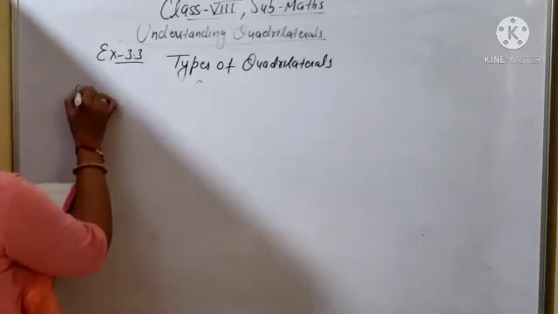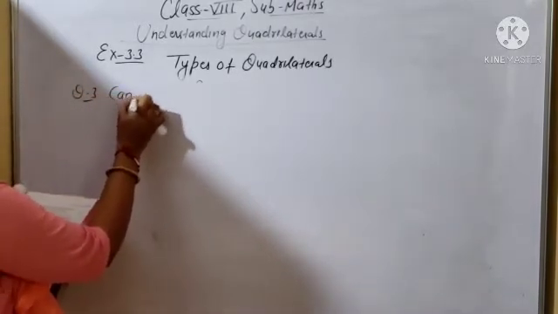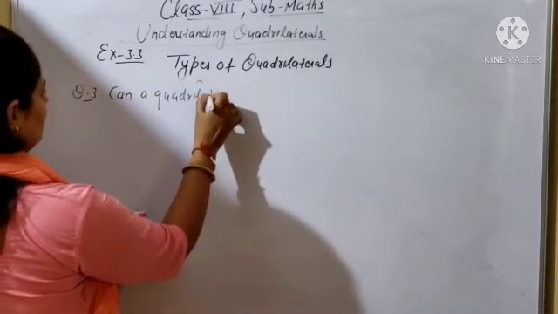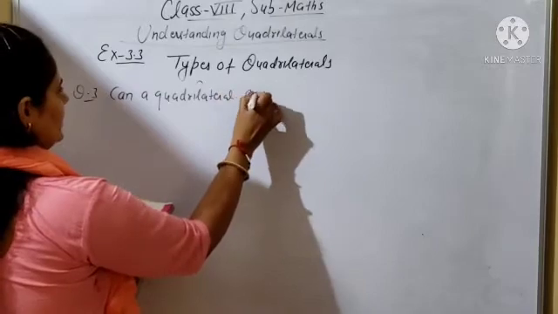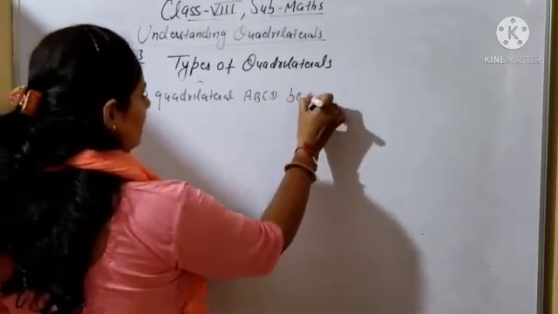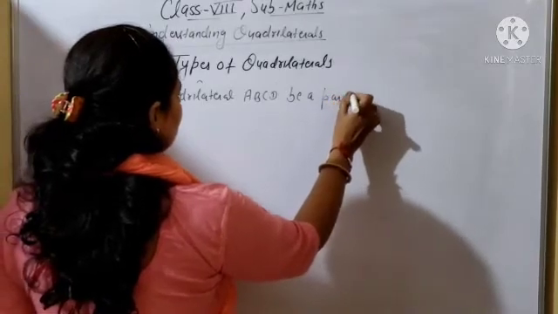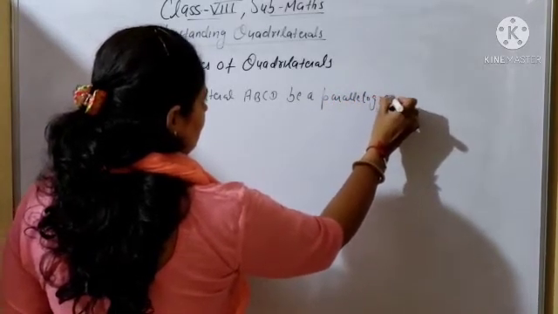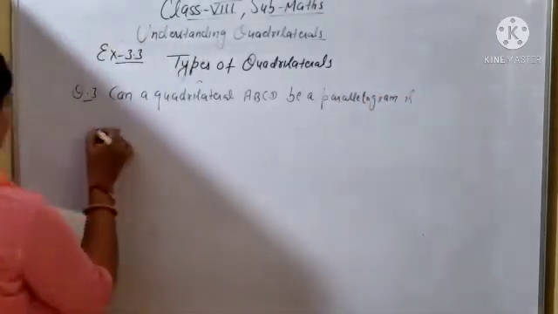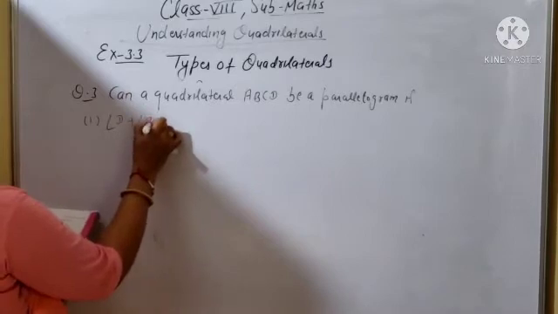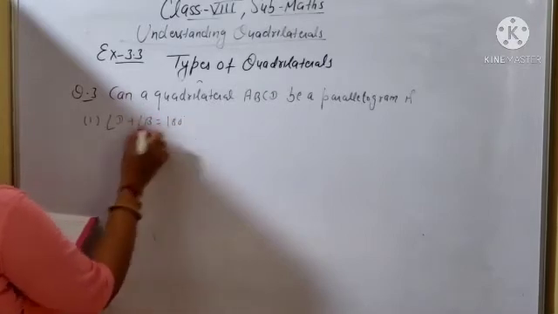Question number third. Can a quadrilateral ABCD be a parallelogram if: first part, angle D plus angle B is equal to 180 degrees.